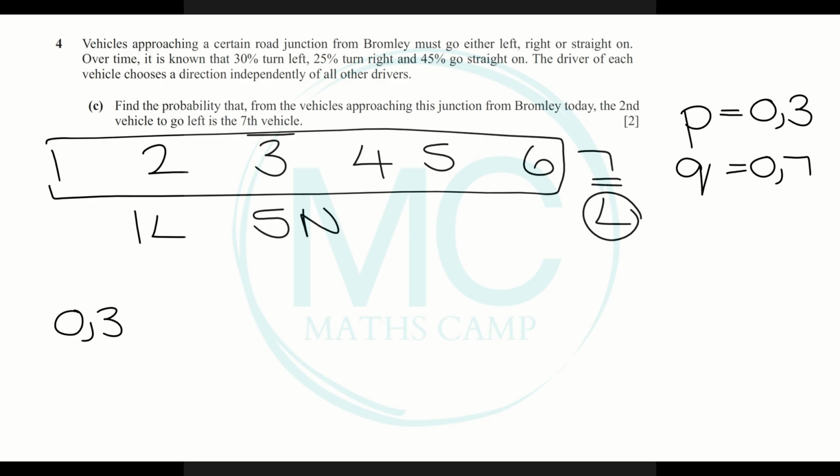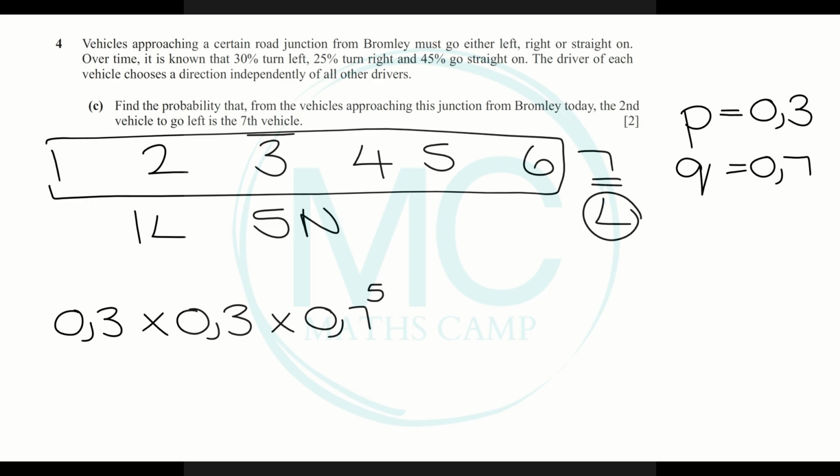Of these 6, 1 goes left, so we can say and 0.3 for the one car that goes left. And 5 don't. We're going to use the complement 0.7. 5 cars don't go left. So we're going to multiply 0.7 by itself 5 times. To make this easier, we just give it an exponent of 5.